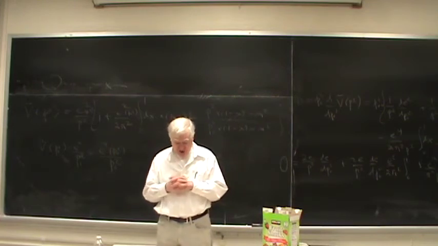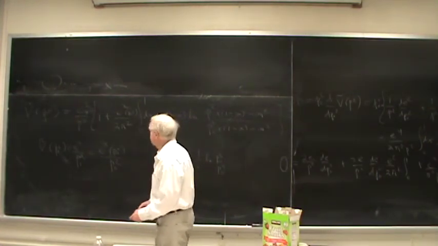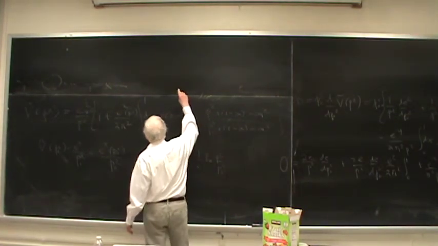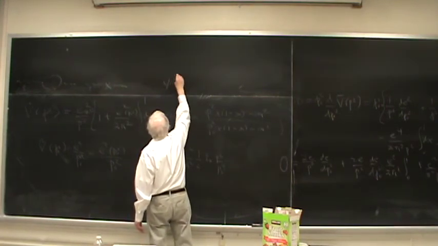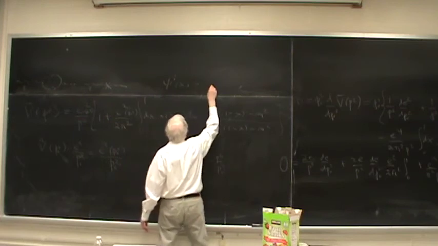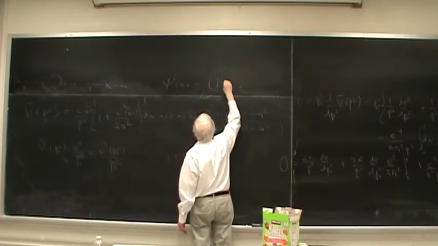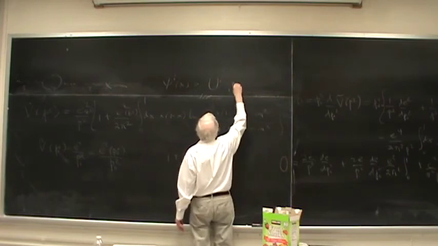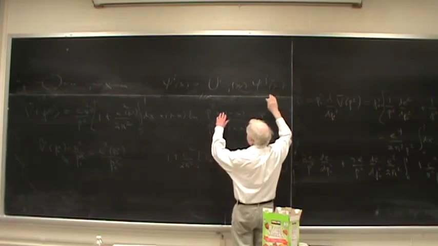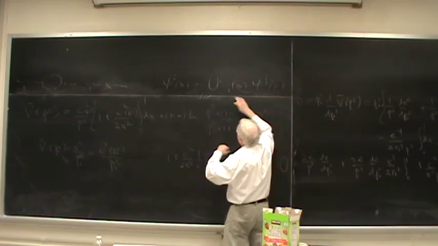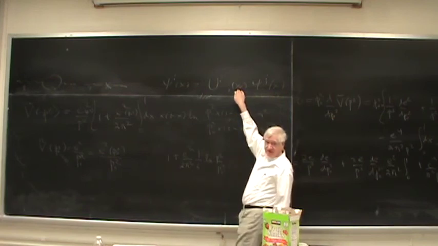And the way in which it happens in Yang-Mills theory, this is the great advance of Yang and Mills, is that you say that psi i of x is some U_ij of x times psi j of x, where this is some unitary matrix depending on space-time.